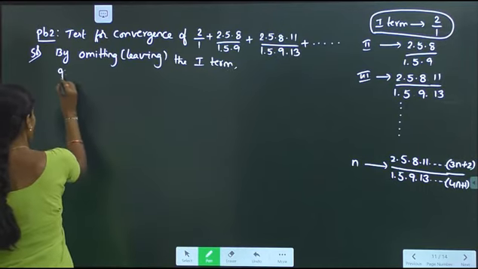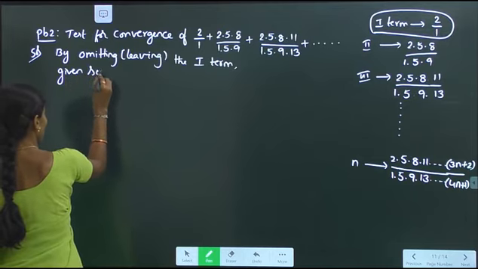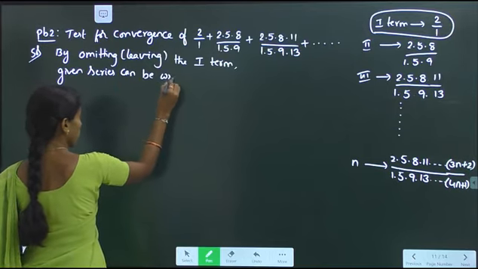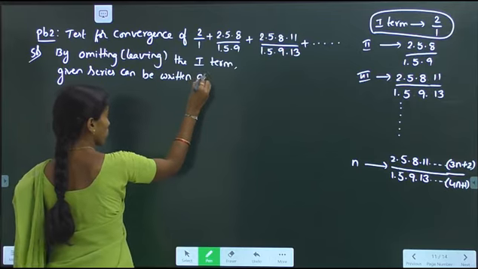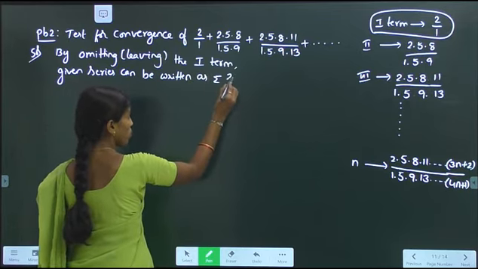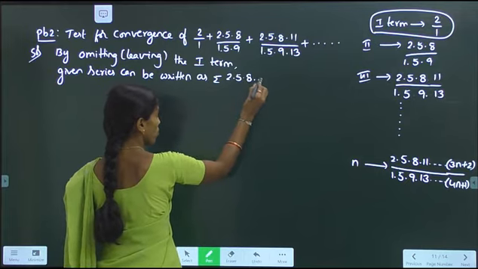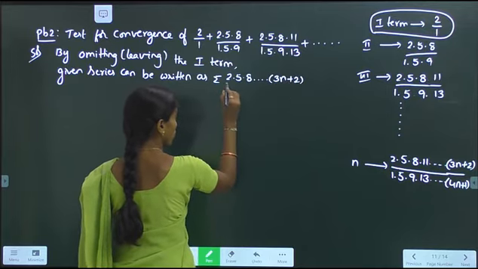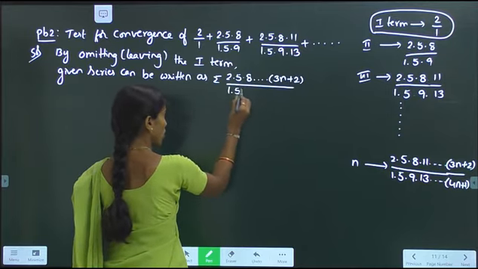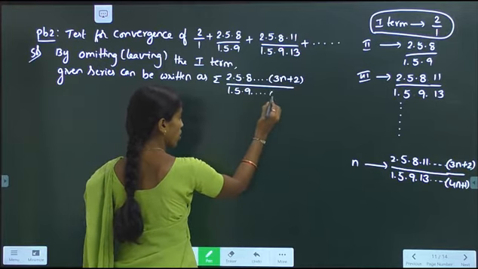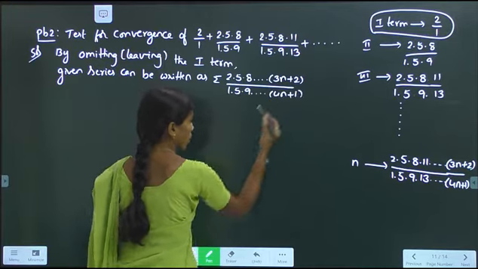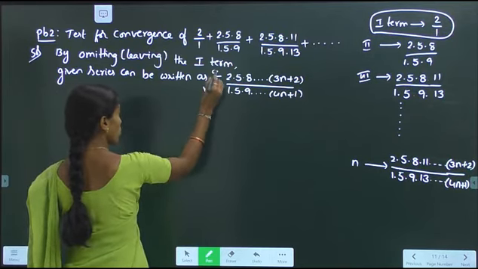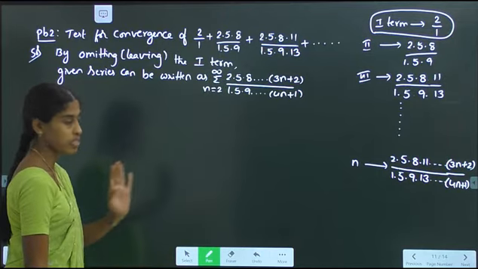So given series can be written as sigma 2 into 5 into 8 into and so on 3n plus 2 by 1 into 5 into 9 and so on up to 4n plus 1, right? N starts with 2 to infinity. Just we are leaving the first term.